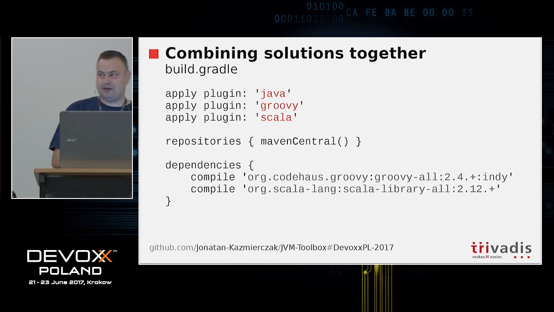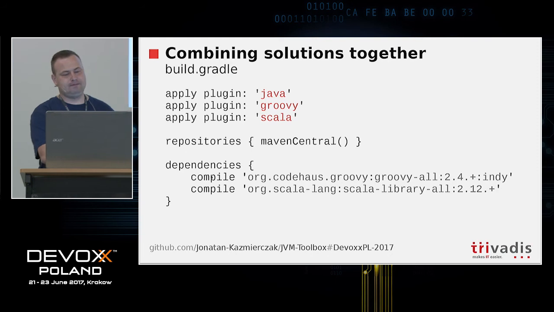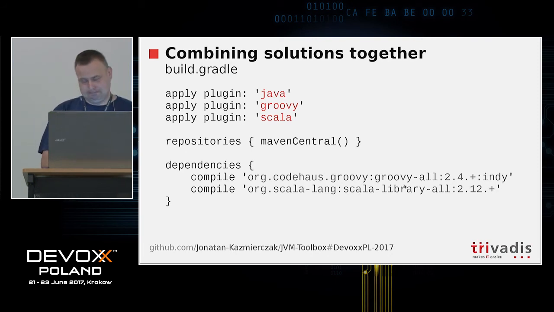And of course, in Maven, it's not an easy task to plug in several languages. But in Gradle, many of you know it, of course, since we are using Gradle, we can apply plugin Java, Groovy, Scala. We are done. Plus, define dependencies. And if you decide to use Groovy, then please always remember about a small detail, this indy classifier.